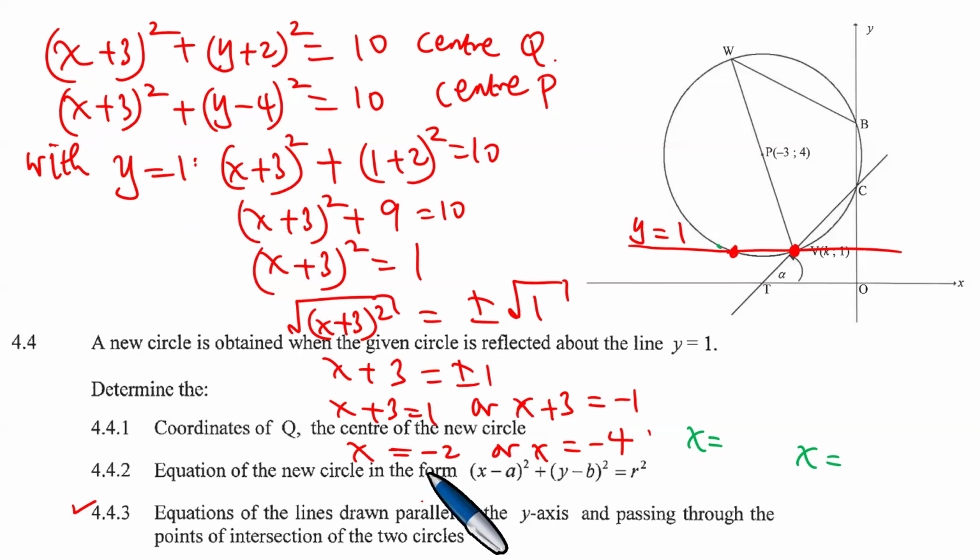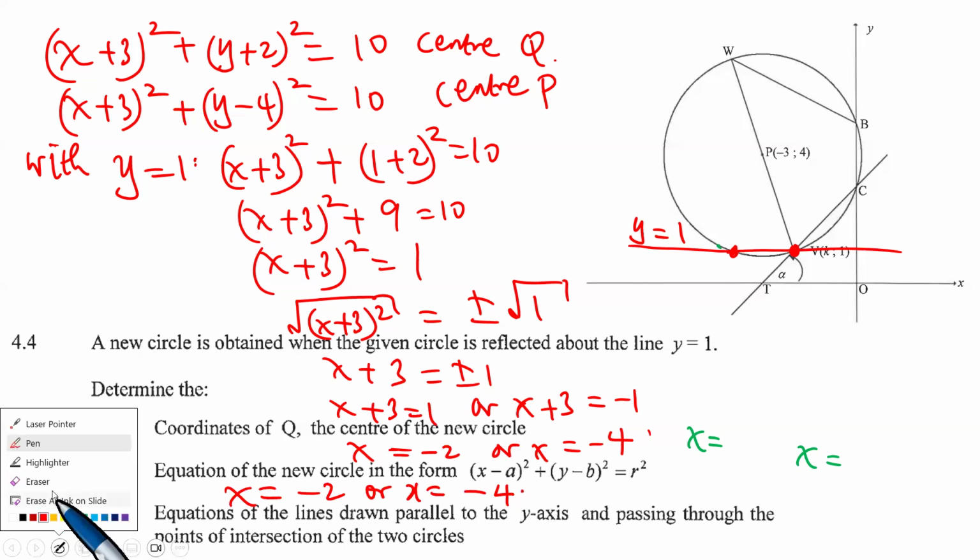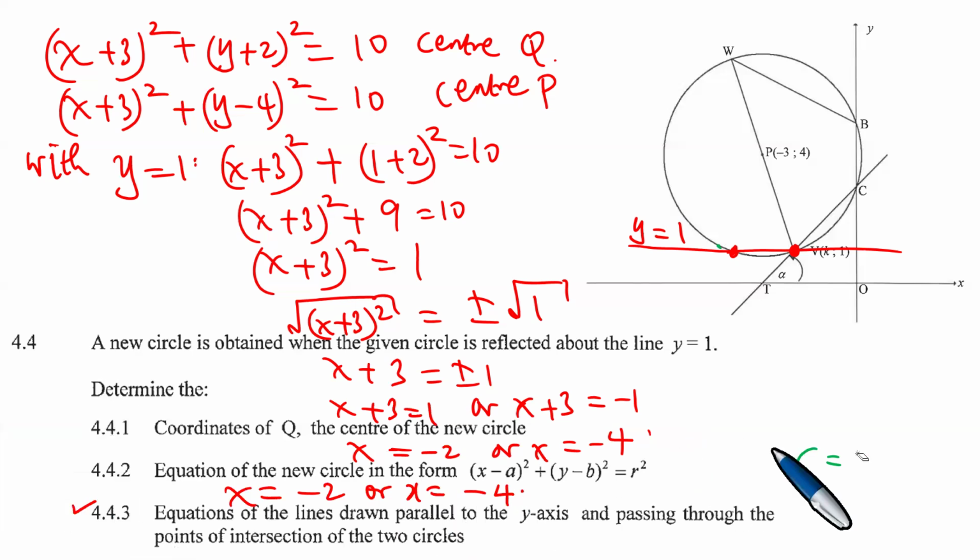Right, so obviously now the two equations of the lines in this question here are exactly x equals minus 2, right, or x equals minus 4, like that.